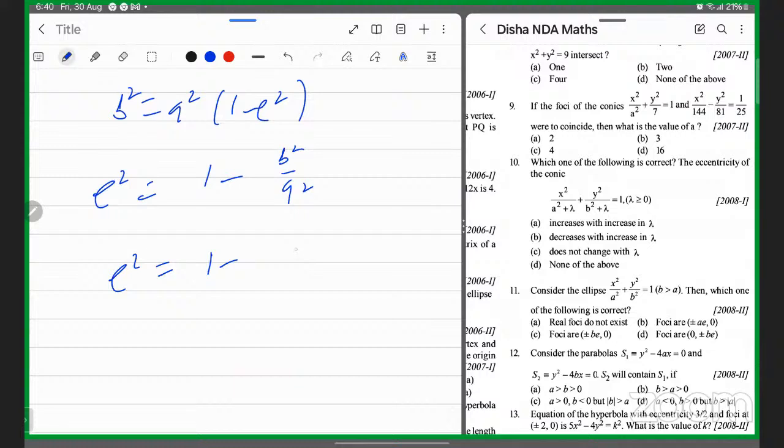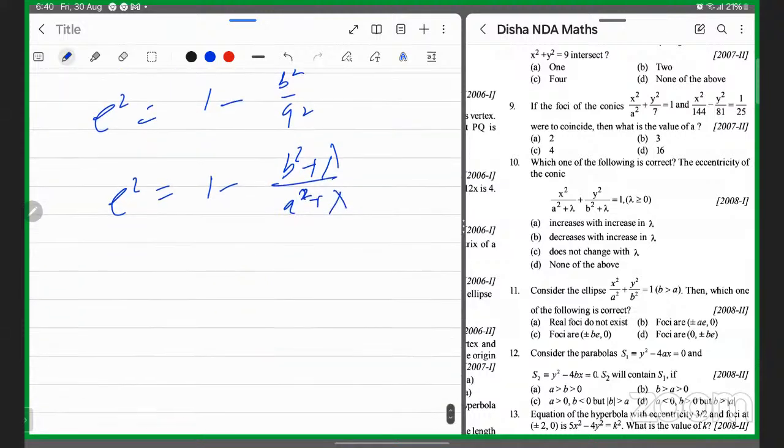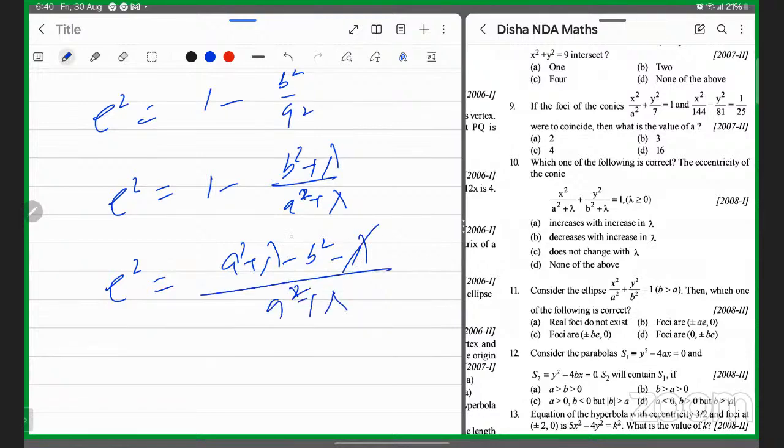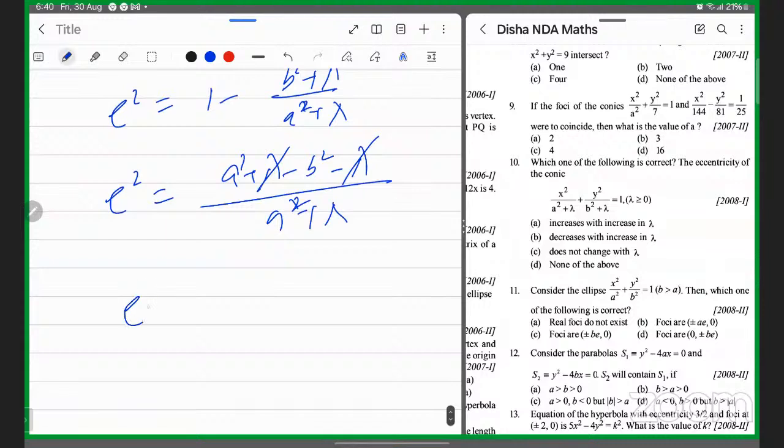B square is replaced by B square plus lambda, A square plus lambda. Any problem? So A square plus lambda minus B square minus lambda, over A square plus lambda. Lambda cancels, does it make a difference? It will.